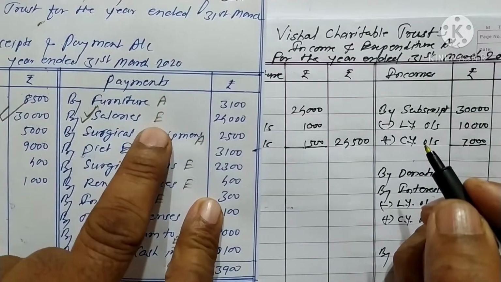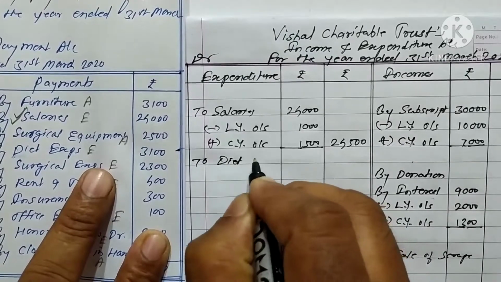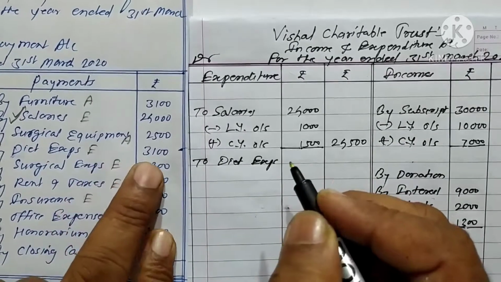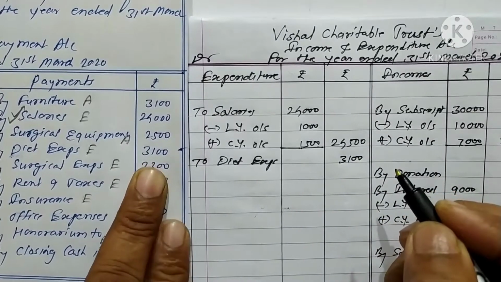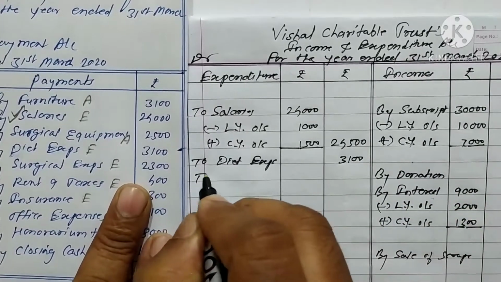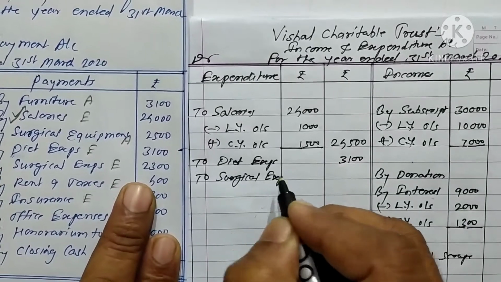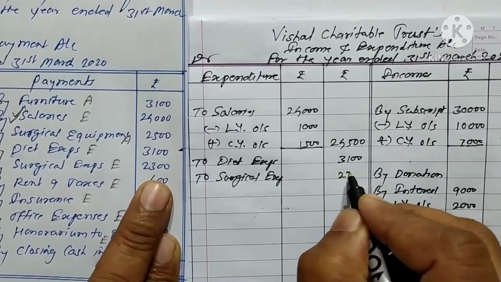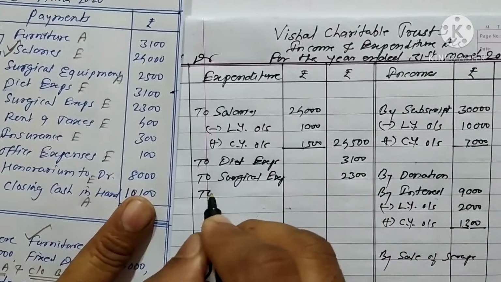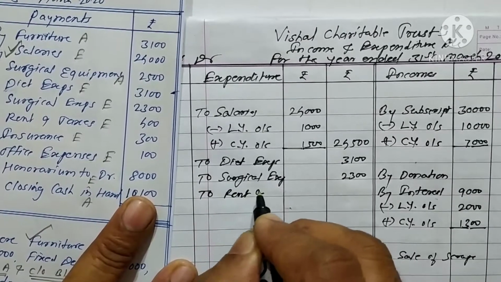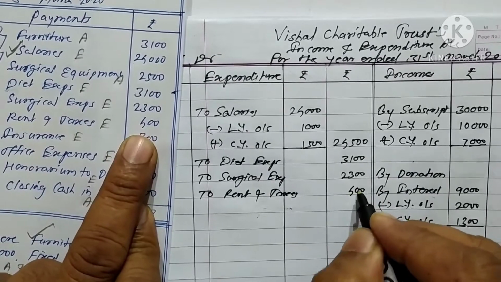Next is diet expenses rupees 3,100. Next is surgical expenses rupees 2,300. Next is rent and taxes. To rent and taxes rupees 400.